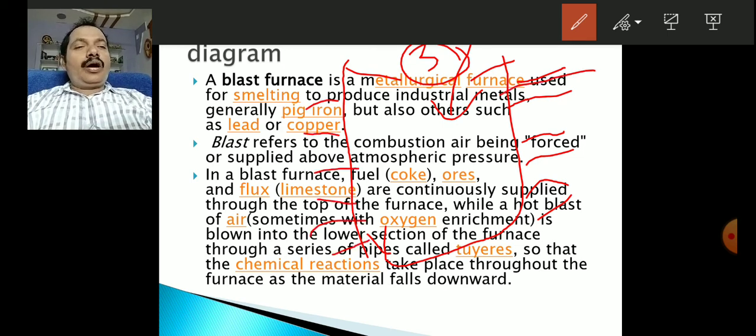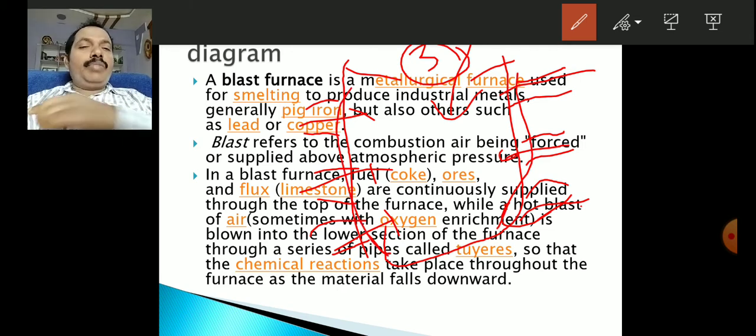So hot, oxygen rich hot air is being supplied into the vessel. So what happens is blast will occur. So it produces high temperature and pressure conditions in the vessel.